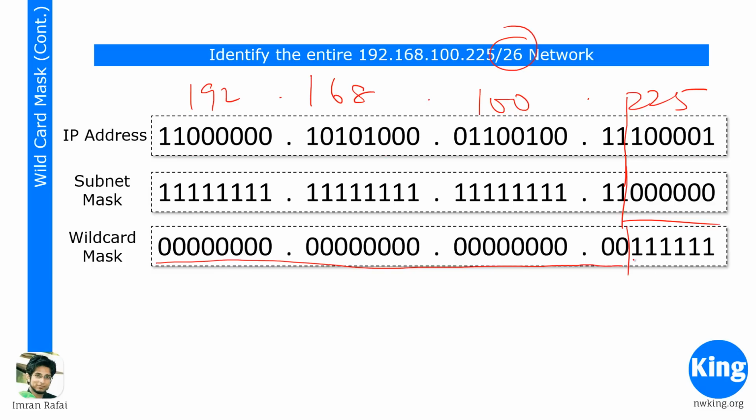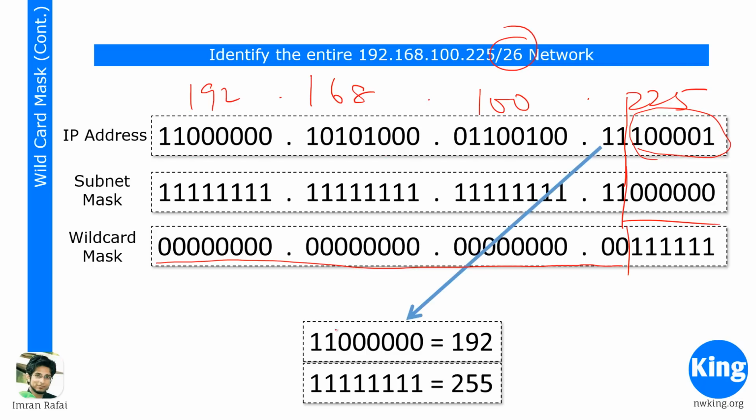This number is 63, right? So if you give a wildcard mask of 0.0.0.63, what it means is it is going to match 26 bits. If you say 26 bits, that means till here it's going to match, and this part of the IP address can be anything. It could be zeros or ones. That means to say if you make everything 0 here, the number is 192, and if everything is 1, the number is 255.